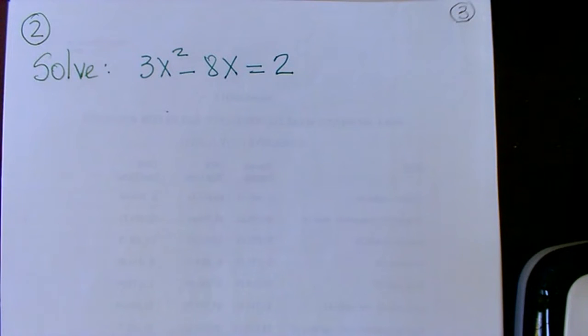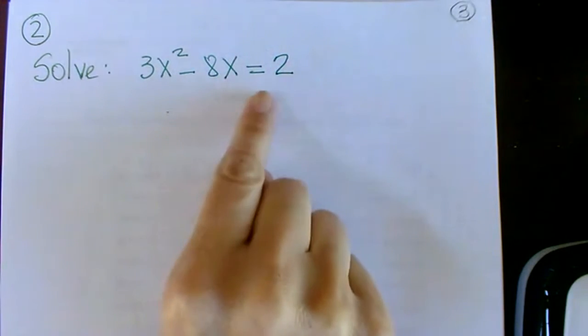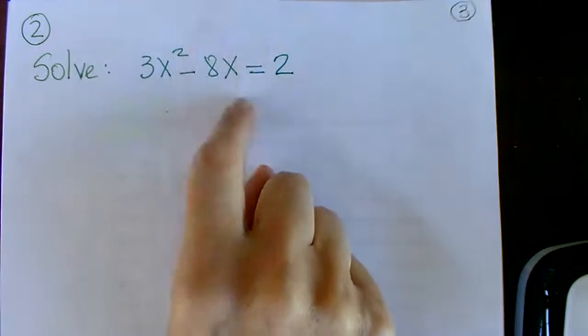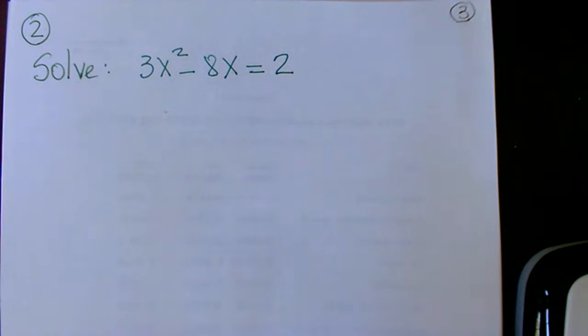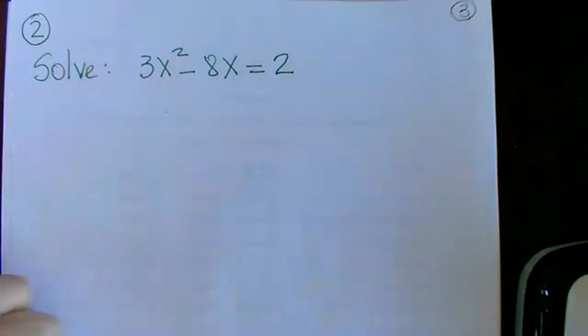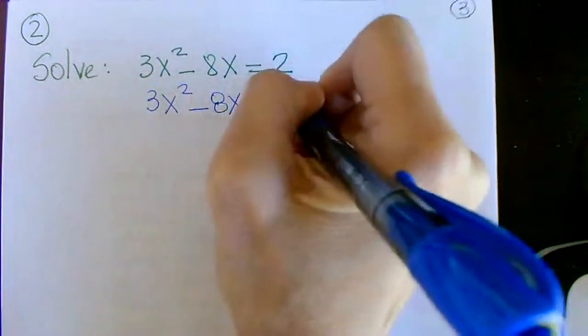Go ahead. There's one step that you have to do here, okay? Before we do anything, what is it, guys? Perfect, yeah. So it needs to look like, so it's gonna be 3x squared minus 8x minus 2, right?